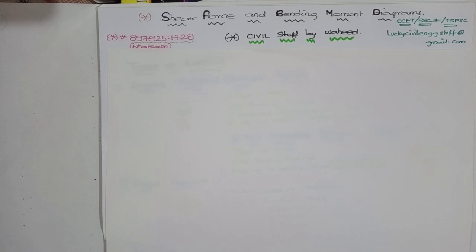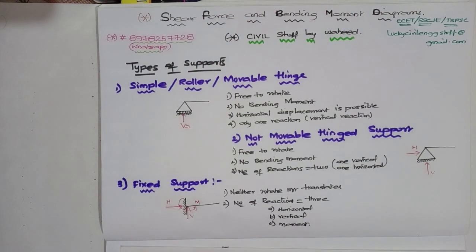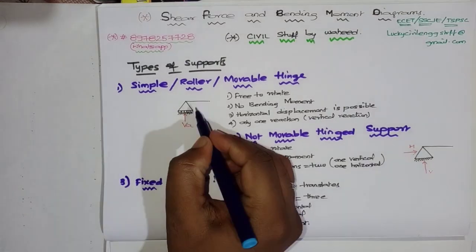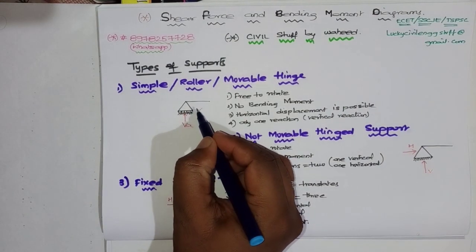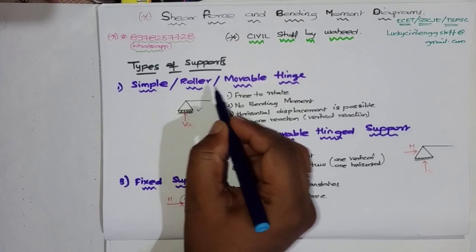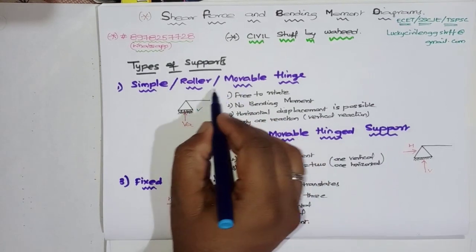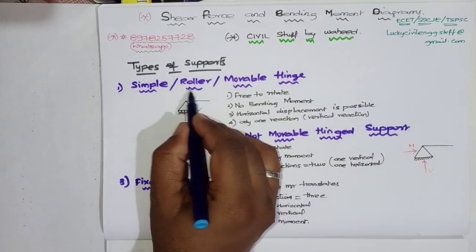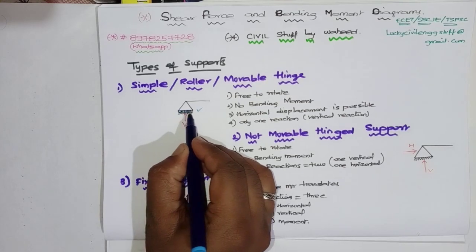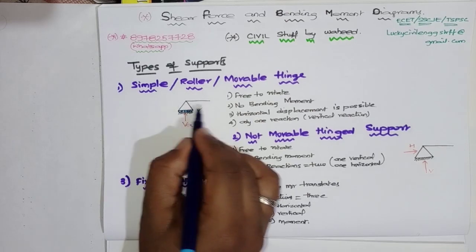Okay, so we'll start with the types of supports as a general topic. Coming to the first one, this type of support we call either a simple support, roller support or movable hinge support. Movable means it has some rollers, and because of these rollers it has a tendency to move in the horizontal direction.